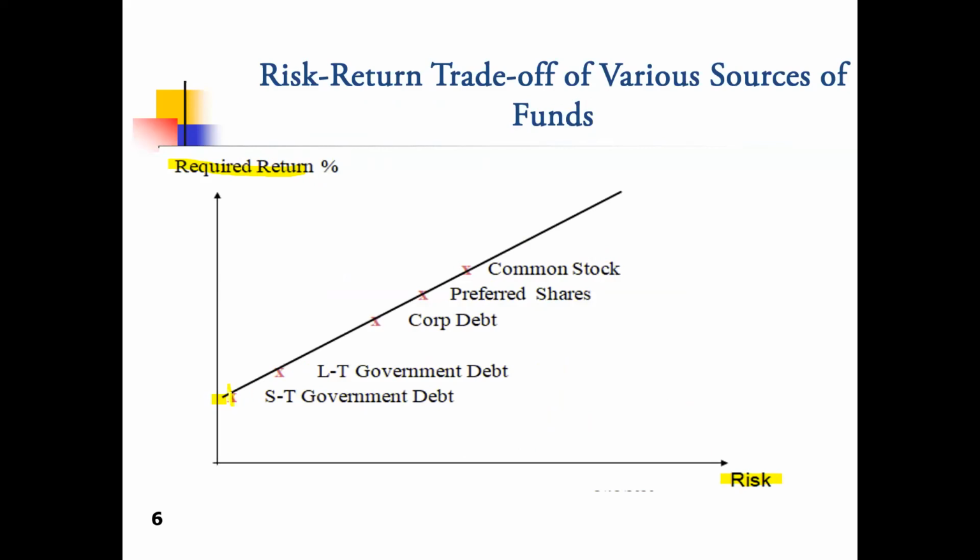You can see it has the lowest risk, because it has only default risk. This is government bonds. Then corporate debt, which means bonds, debentures, bank loans, everything. The risk of the preference shareholders is more than the corporate debt holders, so they are somewhere between debt holders and equity holders.